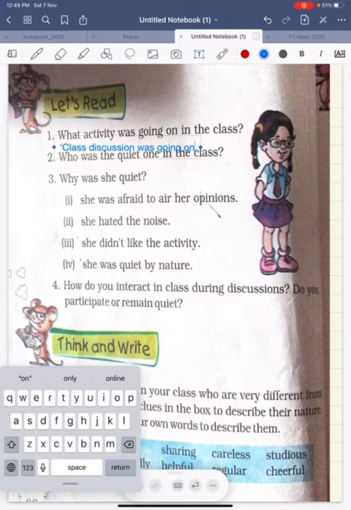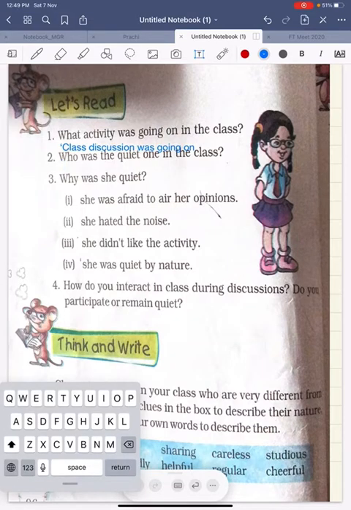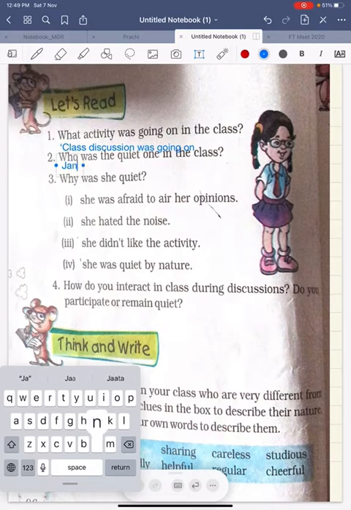Now next question. Who was the quiet one in the class? So here, what is the name of the girl? Name of the girl was Jane. So in place of who, we have to just write Jane, and rest of the sentence will be similar. Jane was the quiet one in the class.